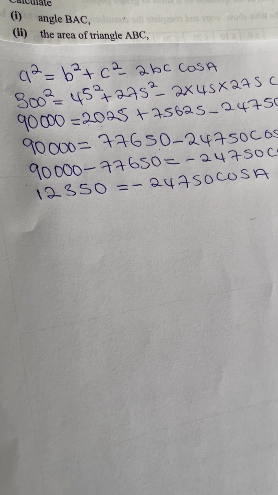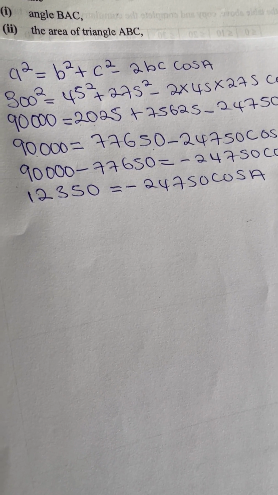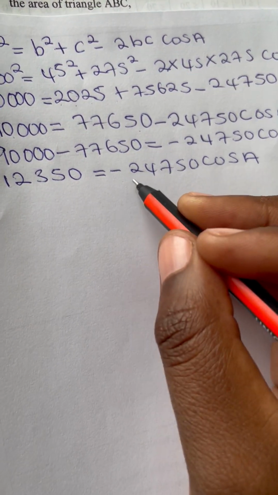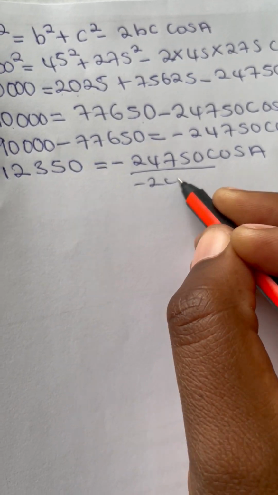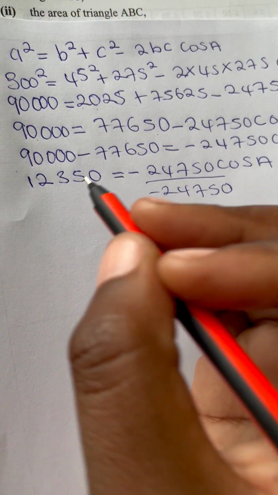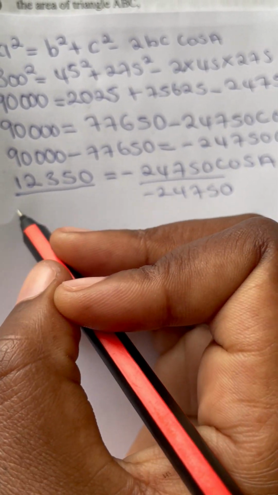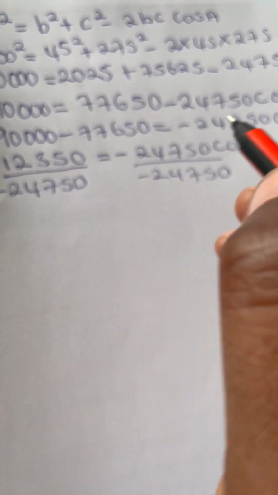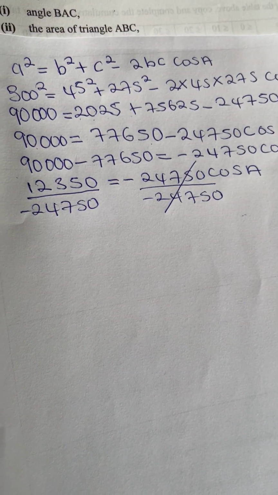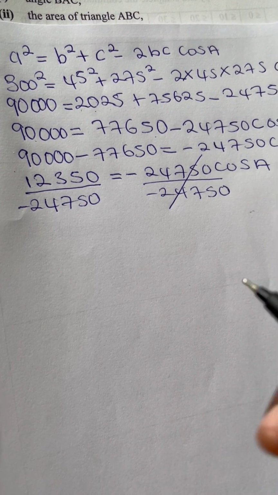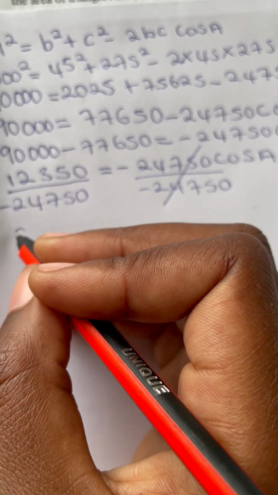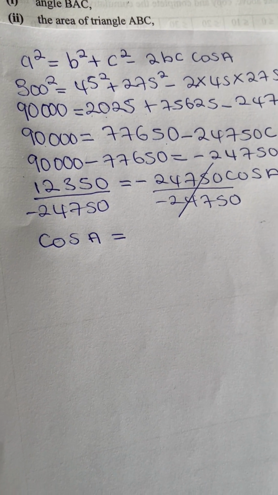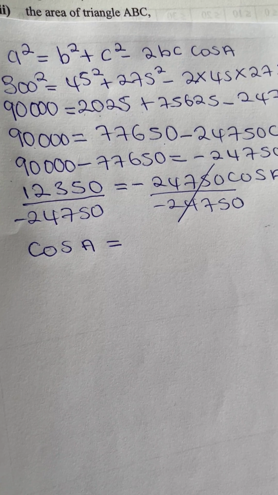So what do we do? We now divide throughout by negative 24,750. So we are going to divide here by negative 24,750. We also do the same at the left-hand side of the equation. So we also divide by negative 24,750. So this here will cancel, as you can see. So when that cancels, we are going to remain with cos A, which will be equal to, and then the other part here, we are going to divide.